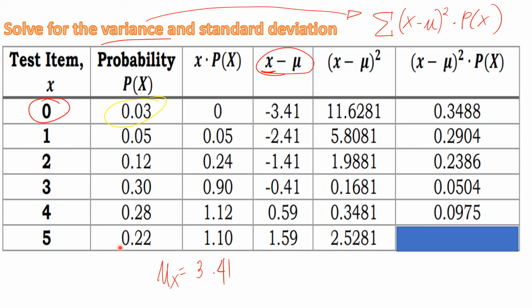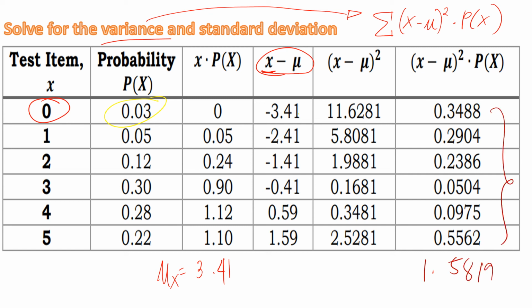Then multiply by 0.22, that is equal to 0.5526. So you have there the values of the last column. And then from the formula, we add these values. So adding that, I believe you will get a value of 1.5819. So that is the sum for this entire thing.